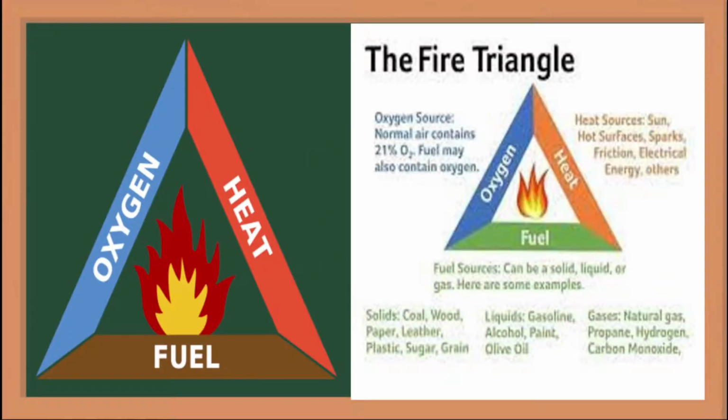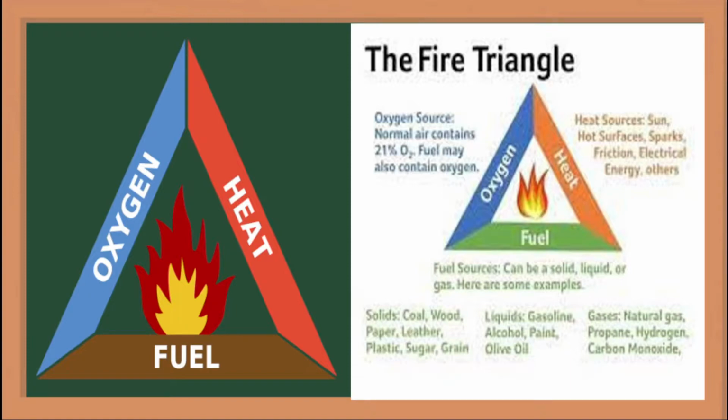Now, we have the diagram illustration here of a fire triangle, which are composed of the 3 elements. These are oxygen source, in which normal air contains 21% oxygen. Fuel may also contain oxygen.